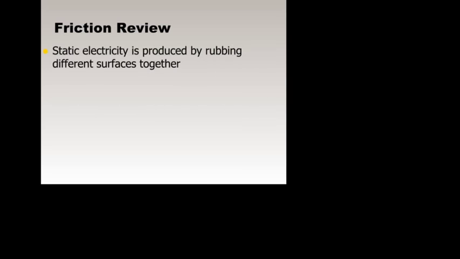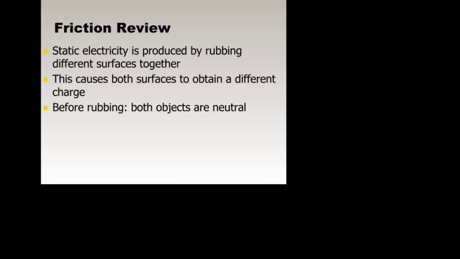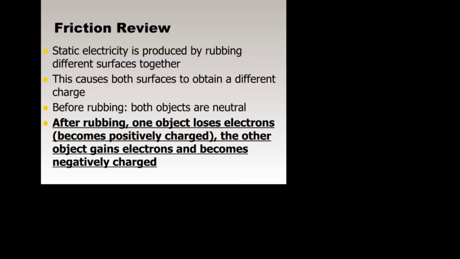So if we remember, friction is when two objects rub together and one of them gains electrons, one of them loses it. So one becomes positive and one becomes negative. Before you rub the objects together, both of them are neutral, but after rubbing, one loses electrons and becomes positive, the other gains electrons and becomes negative.